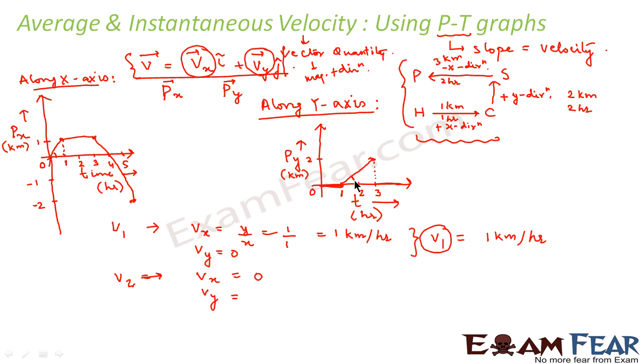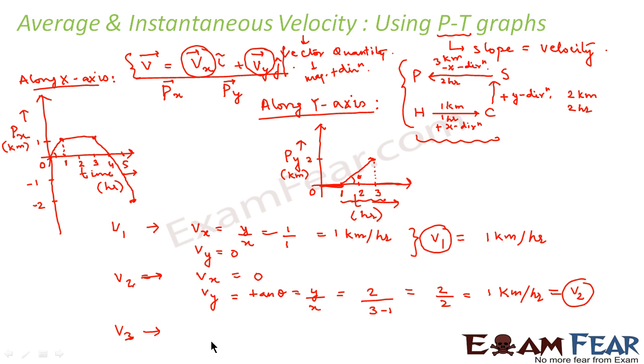So if this is theta, Vy will be equal to tan theta, which is equal to y by x, where y will be equal to 2 and x will be equal to 3 minus 1. So this will be equal to 2 by 2, which is equal to 1 kilometer per hour. Therefore, we find that V2 is equal to 1 kilometer per hour.